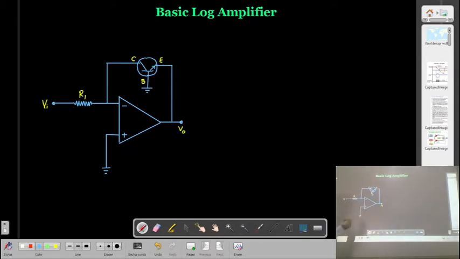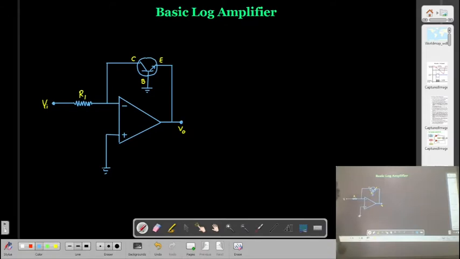Now let us see what a log amplifier is. In the operational amplifier, when we connect a transistor in the feedback path, or instead of a transistor you can also connect a diode, so when we connect this kind of active device in the feedback path, that circuit will work as a log amplifier. Here, the non-inverting terminal is connected to the ground.